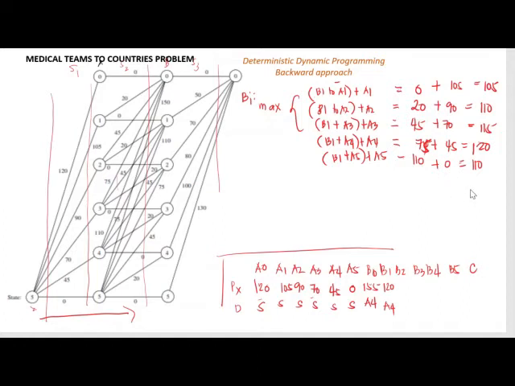Okay, next B2. I guess it fits here. Let's just make it fit. Okay, B2, same process. So, maximum again.